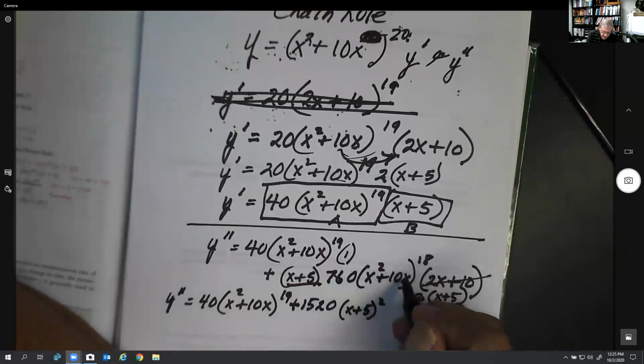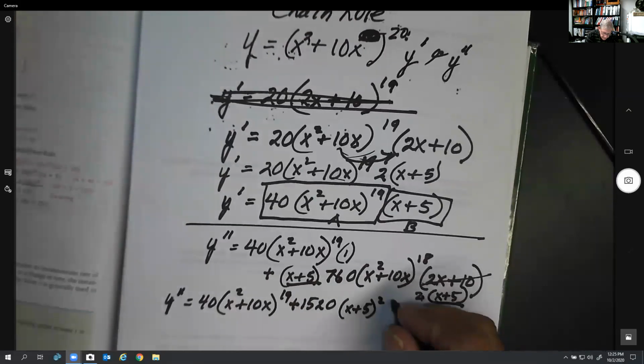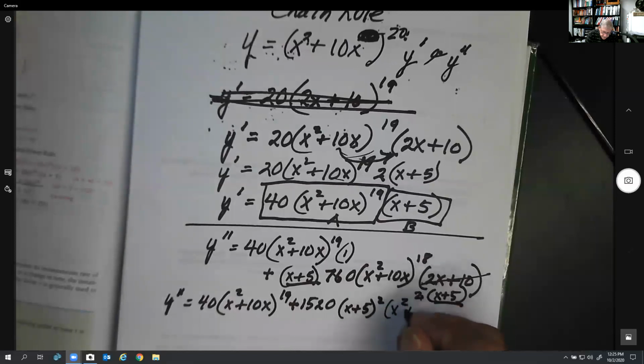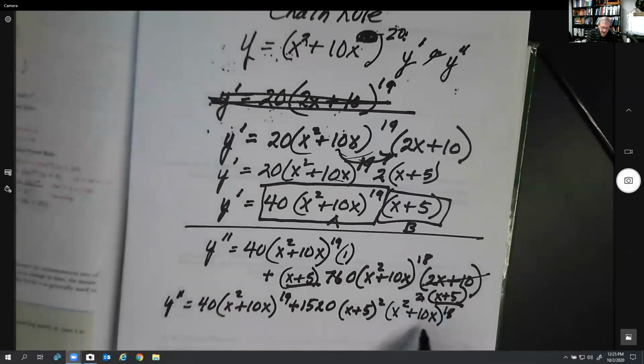And then I noticed that they could take an x out of here. Did they go ahead and take that out? Or did we make a mistake? No, we don't want to take that out. Okay, let's leave that. We can't take it out because it's to the 18th power too. I couldn't take it out if I wanted to.